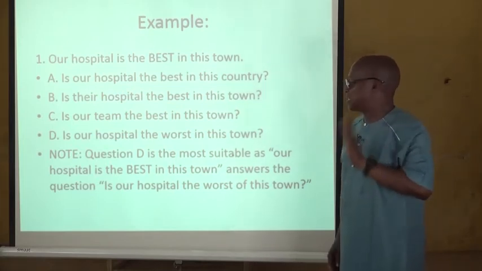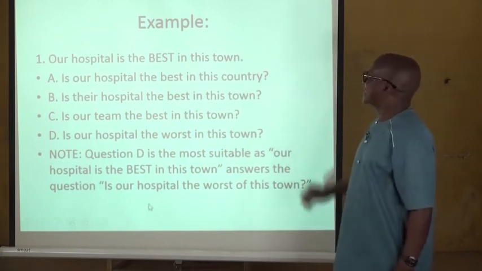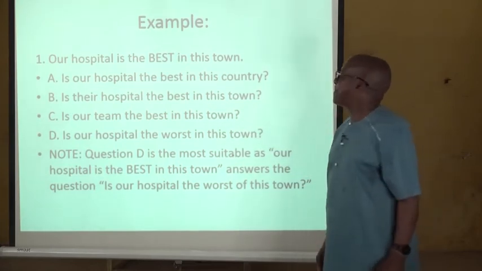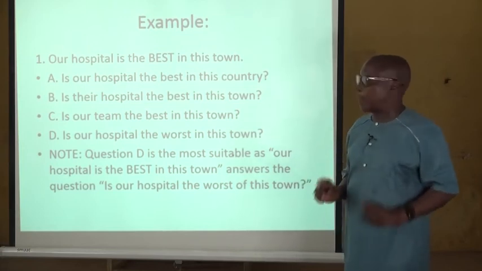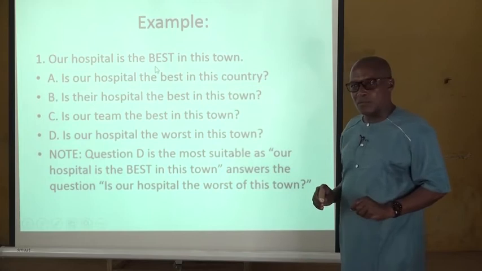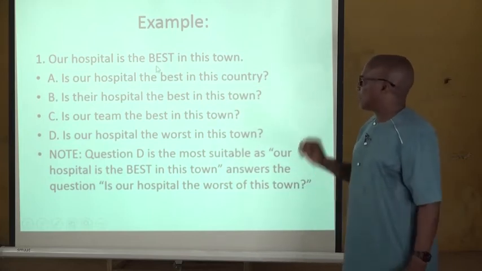Now, to get the message straight, because by the time I say, okay, think about it, you get confused. The word that is being stressed is best, because it's capitalized. Our hospital is the best in this town. So the emphatic word is best. So let's look at the options. Is our hospital the best in this country?